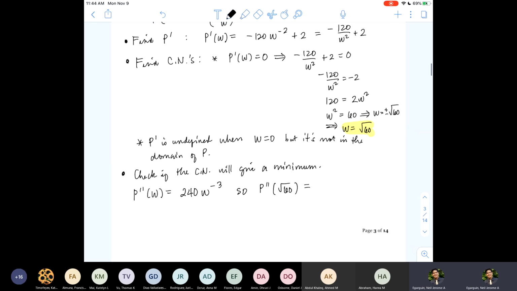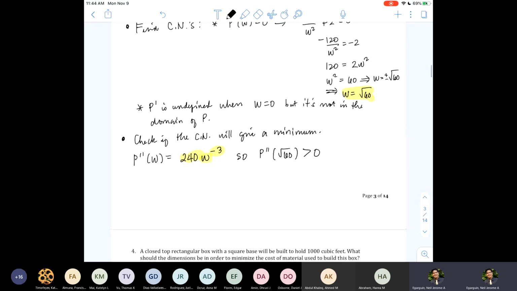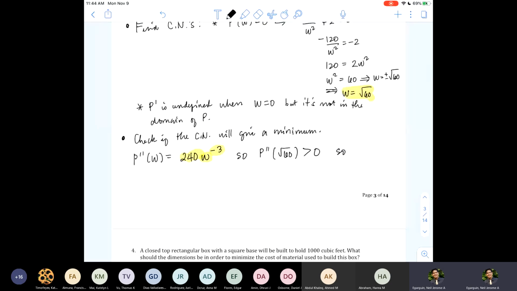All you need to observe is the sign. Root of 60 is positive, positive raised to the negative 3 will still be positive, and times 240, it's still positive. So I don't care what the exact value is. All I need to know is its sign, and I know it would be greater than 0. So we'll have a minimum.